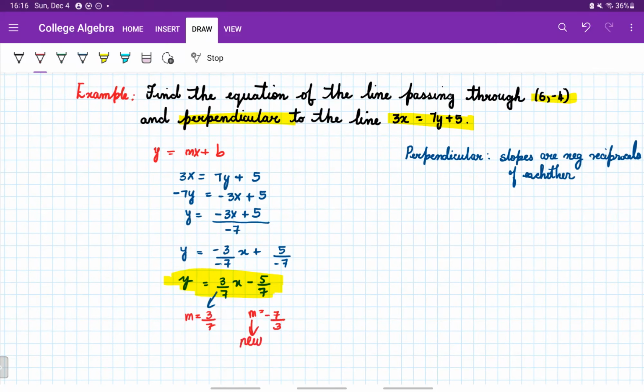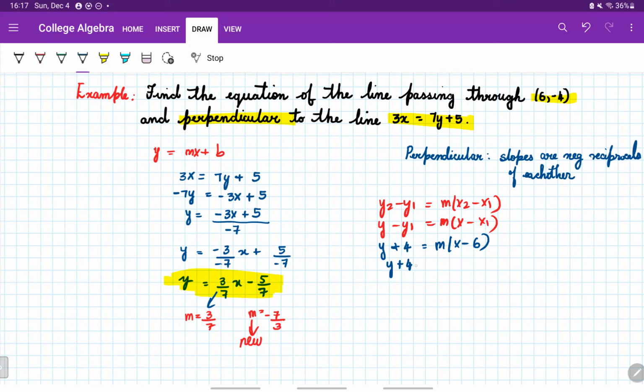All right, so let us now find the line whose slope is -7/3 and goes through (6, -4). I'm going to use the point slope form again. It's y minus y1 equals m times x minus x1. Plugging in our values, y1 is -4 and x1 is 6.